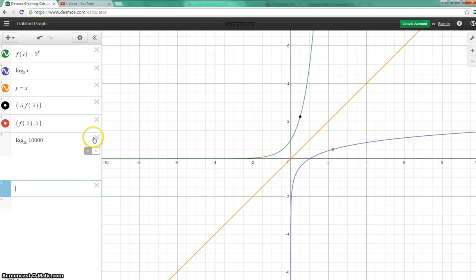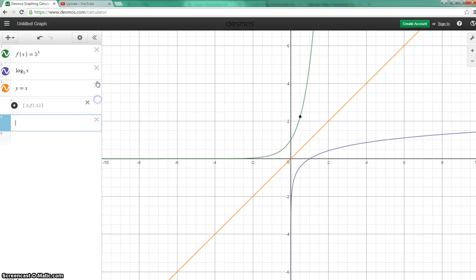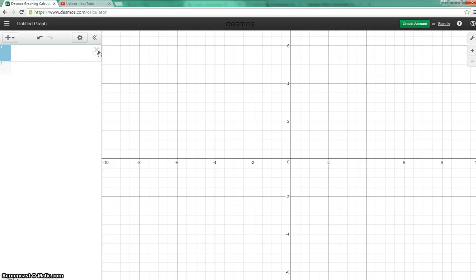Graphically, these have the same properties that exponential and the other functions that we've talked about do. So let's look at log base 4 of x. Notice that log base 4 of 4 equals 1.